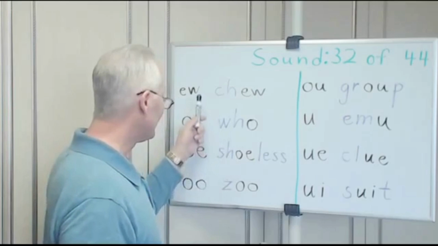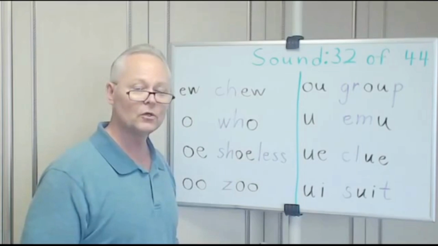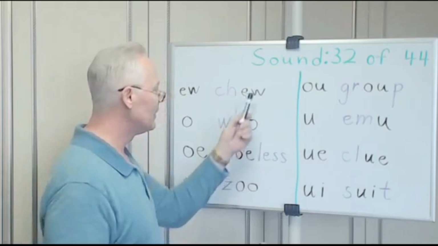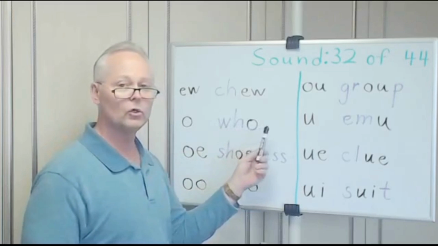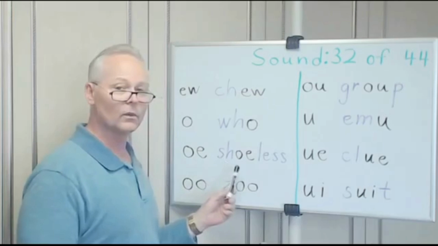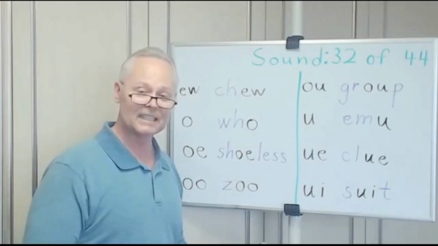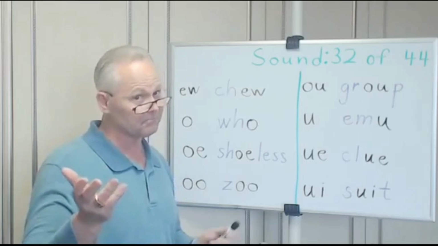All right. We have EW sounds like in chew, ooh, chew. O can sound like ooh in who. How about OE? In the word shoeless. If you have no shoes, you're shoeless.